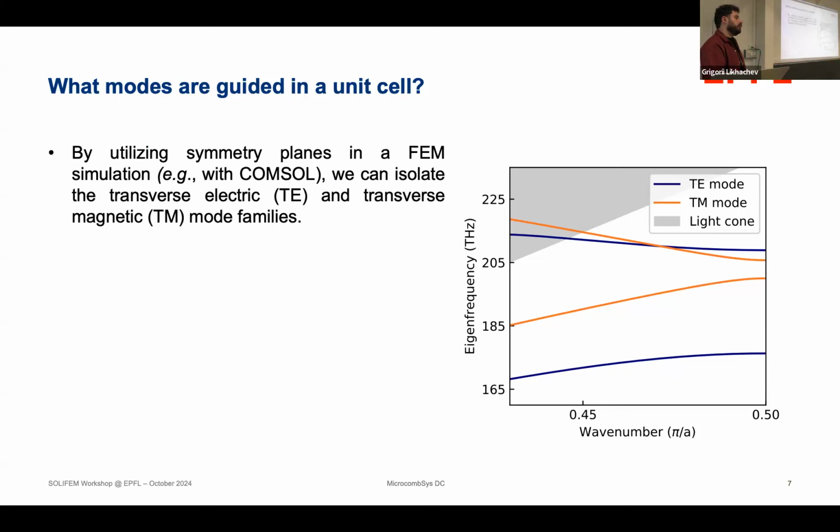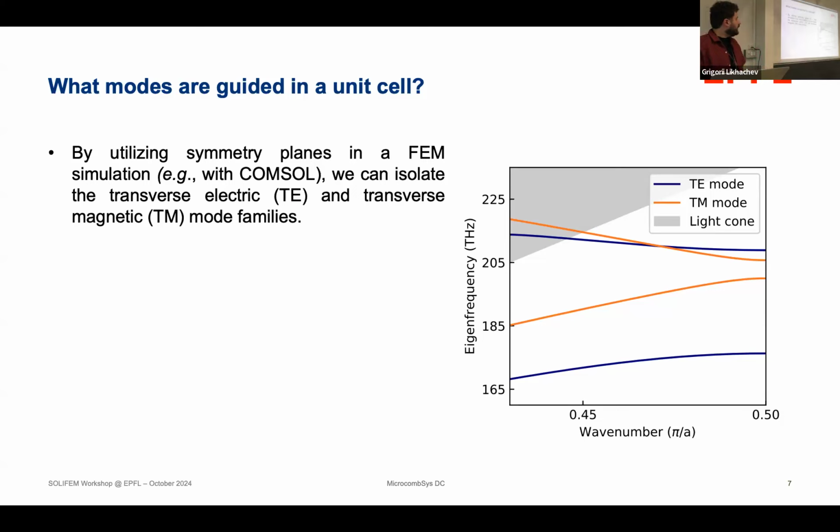If you were to simulate a unit cell and you want to reduce the simulation time, first of all, because nobody wants to stay there forever, and also isolate TE or TM modes, then you can put some symmetry planes. Do you know this for the waveguides? That you have a perfect electric conductor or magnetic on the vertical or horizontal planes so that the other mode family disappears.